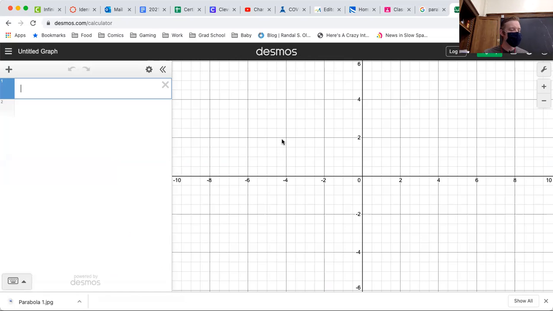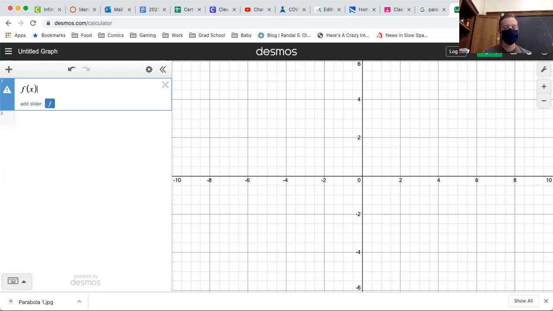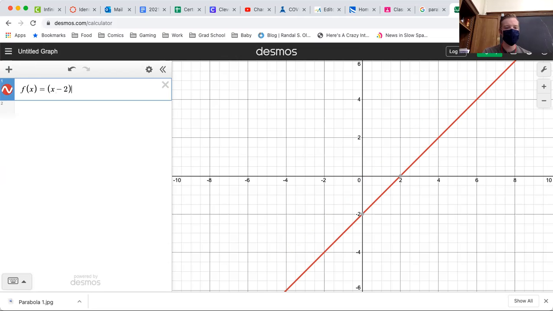And all I need to do is type in the problem exactly like I wrote it out. So I'm going to type f of x equals, and in this case, parentheses, x minus 2, close parentheses. Now I need to do a squared for this.